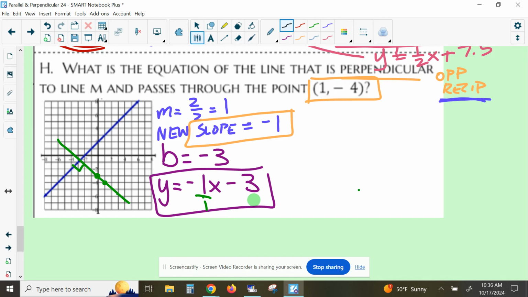Okay, by hand, what's my formula? y minus y1 equals m times the quantity of x minus x1. Okay. There's my formula in black. Remember, you're going to plug your points into the little 1 spots.